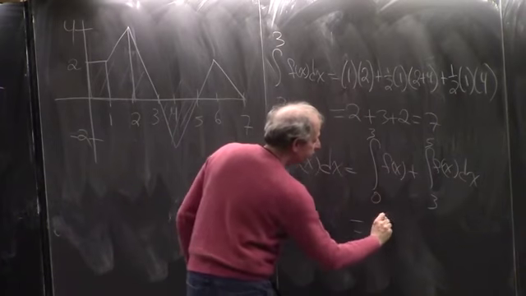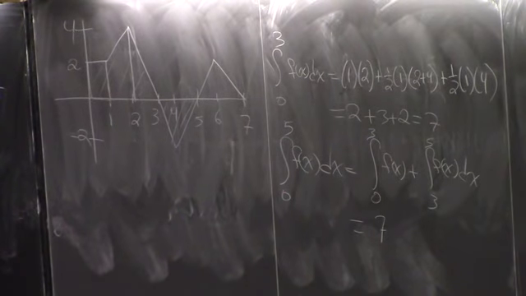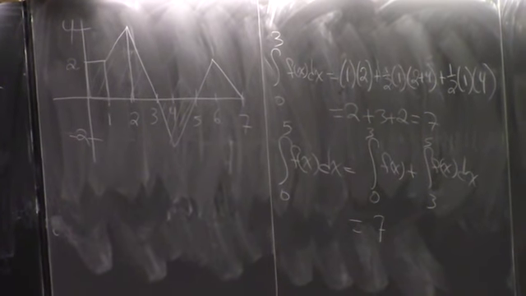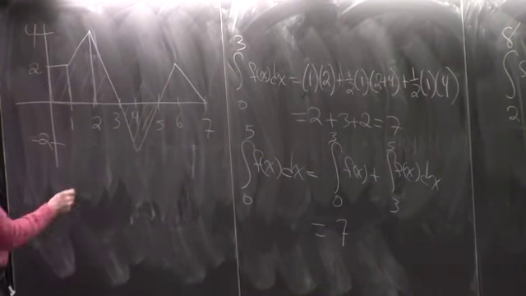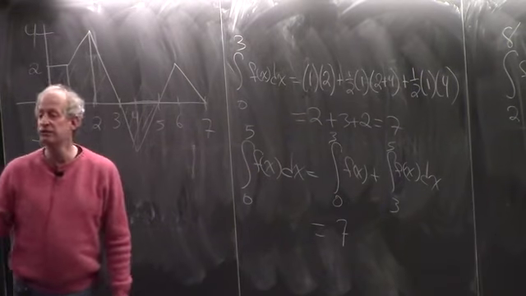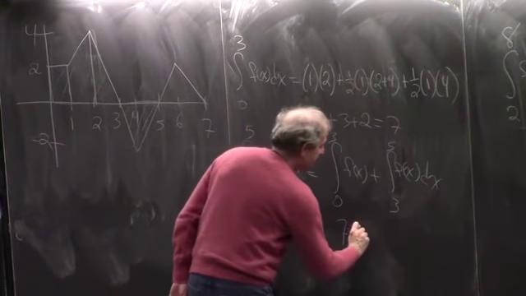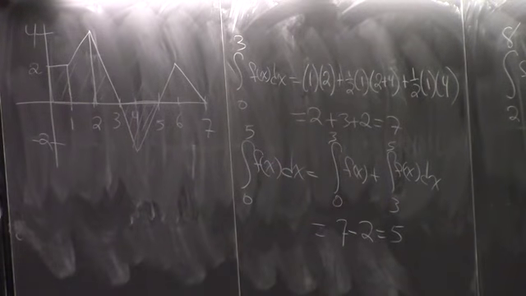And we already know the integral from 0 to 3. So notice, you can add those two integrals together. Now what is it from 3 to 5? Well, that's just base of 2 and a height of 2. So 1/2 of 2 times 2 is 2. But it's a negative number, so the area is 5.